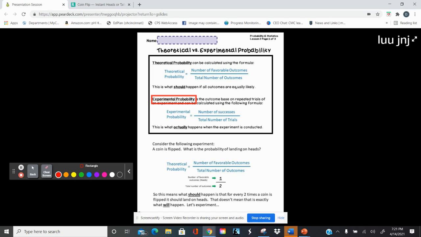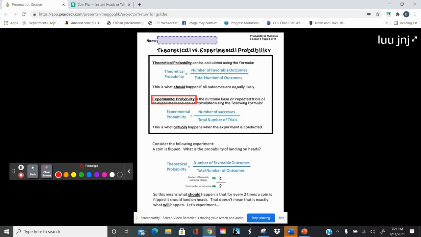So when we talk about favorable outcomes, for example, I think we used tickets last time. So if I bought 3 tickets for a raffle and I know that they sold 60 tickets, then it would be favorable for me if they were to pull one of my 3 tickets that I purchased because that means I'm going to win.